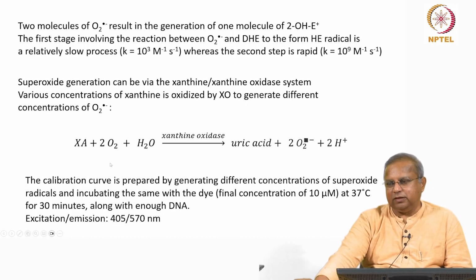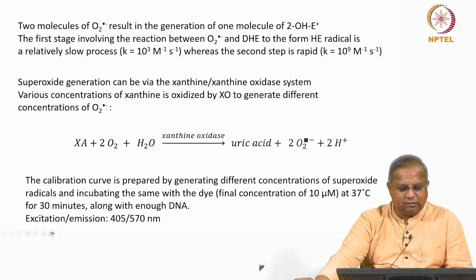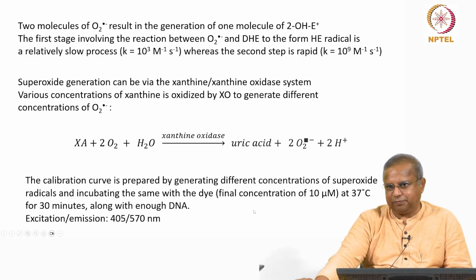Okay. The standard values are different, but the standard values give rise to a lot of interferences, and this is known from the literature. I'll also discuss that literature and then we'll go forward. So note this 405-570.